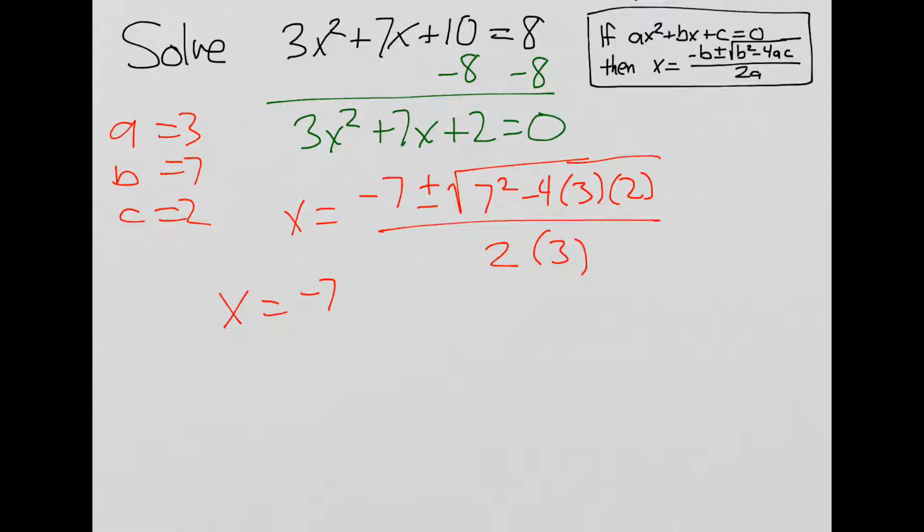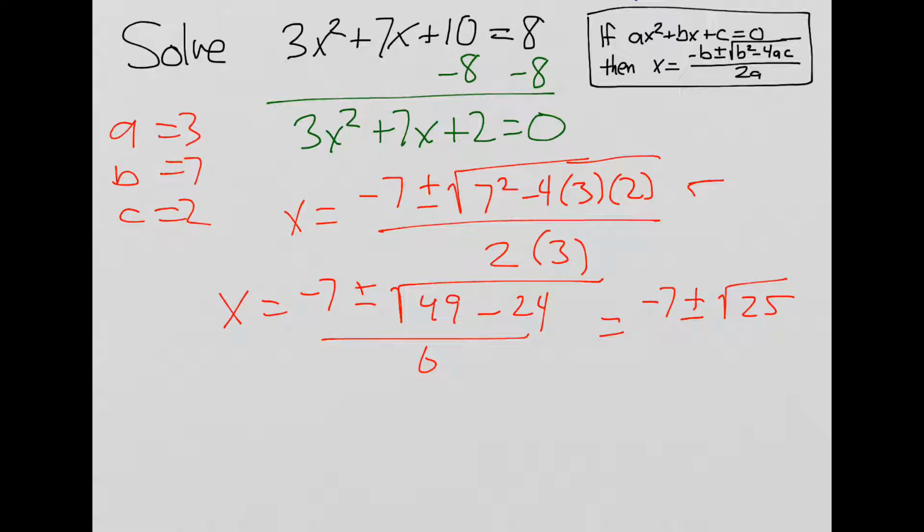So we'll first evaluate what's in the radical. 49 minus 4 times 3 is 12, times 2 is 24. 2 times 3 is 6. So that gives me a negative 7 plus or minus the square root of 25 over 6.